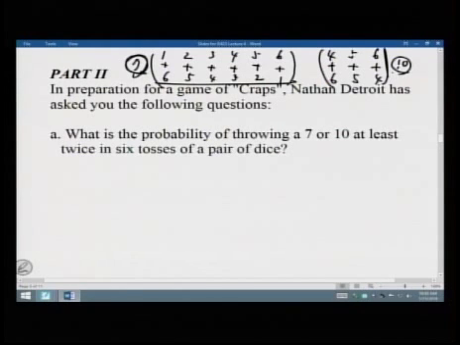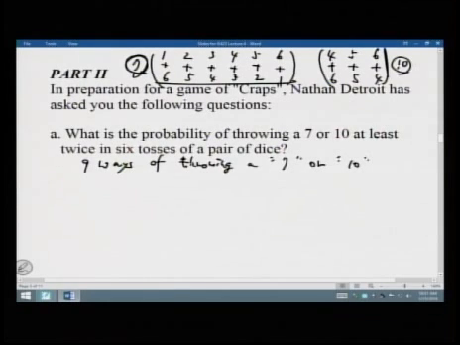So let me just write down. There are 9 different ways of throwing a 7 or 10 in a toss of the dice, right?